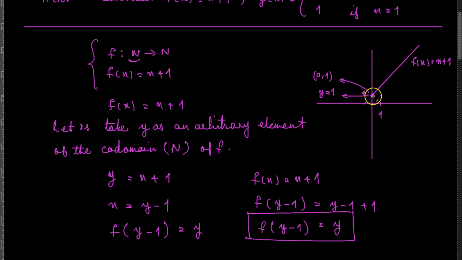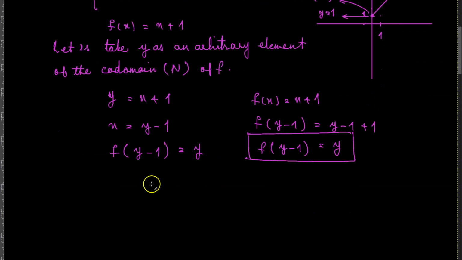Now the problem here is that, for example, 1 belongs to the codomain of this function. 1 belongs to n, the codomain of f. The codomain of f, right?